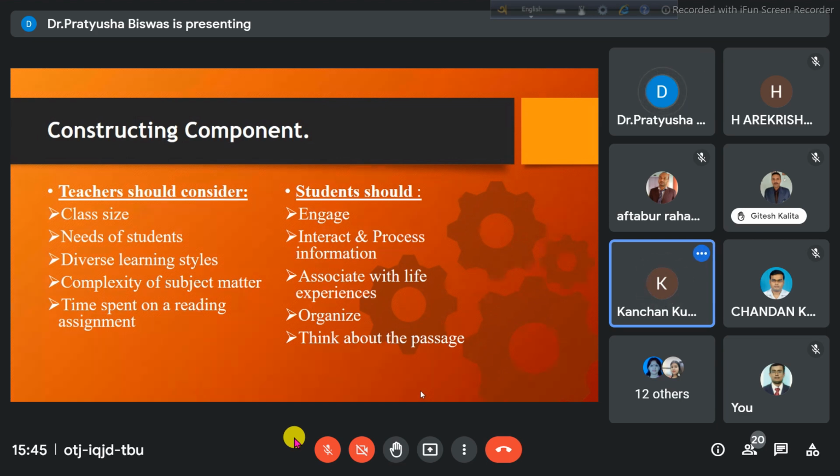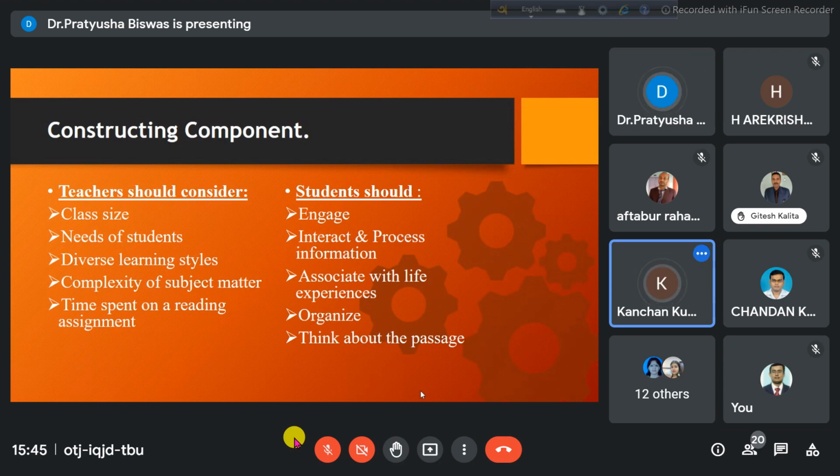And then associate life experiences. Ma'am, then I can take real life experiences and ask students to share their views and experiences with the class. And then organize, which I can say means applying whatever I taught, their knowledge level and understanding, in their real life in a skilled manner.